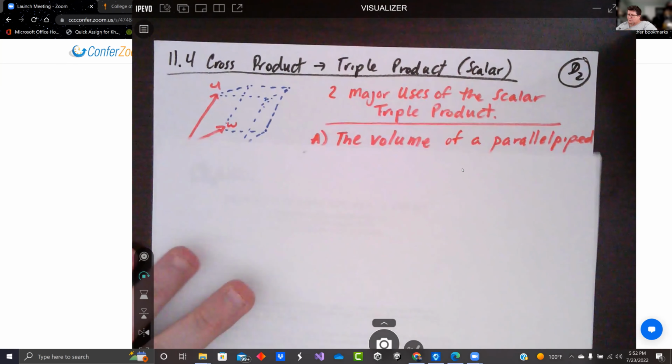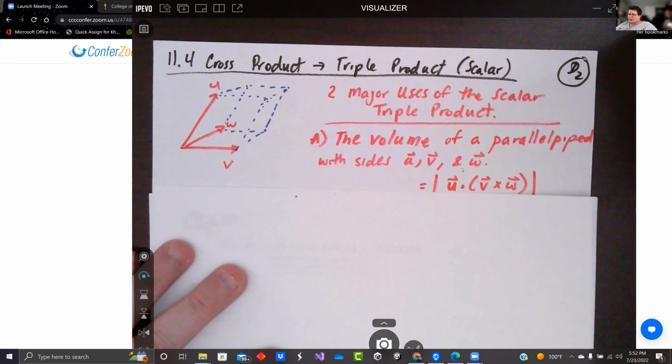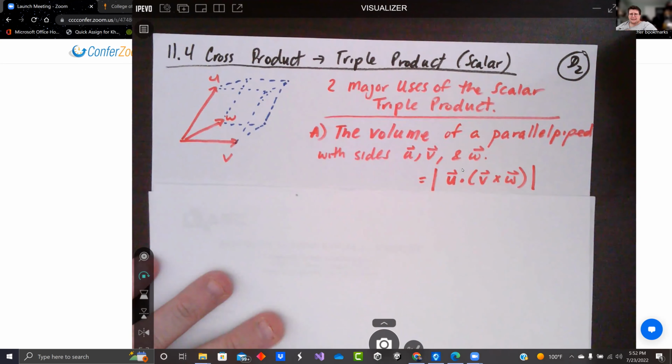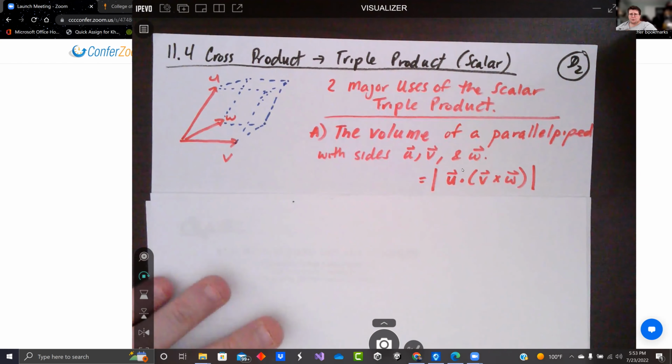I've got two major uses of the scalar triple product. I told you one, the volume of a parallelepiped with U, V, and W. We want the absolute value of it because if you did the orientation in a funky manner, you're going to end up with a negative volume, but that doesn't make sense.